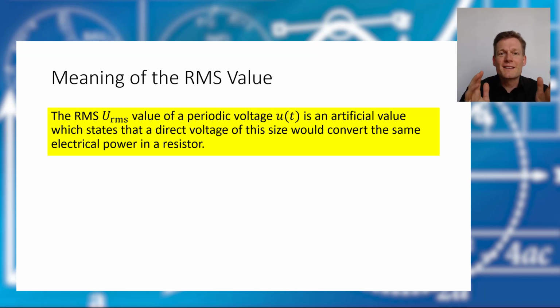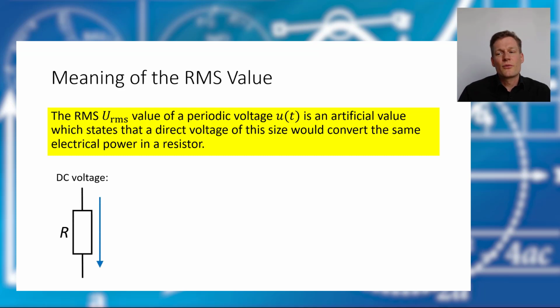The RMS value is an artificial value, and we can calculate an RMS value for every periodic signal. And this value says that if we had a DC voltage of the same size, then this DC voltage would produce the same amount of electric power in a resistance as this periodic signal with the RMS value.